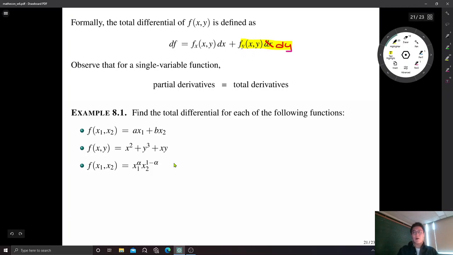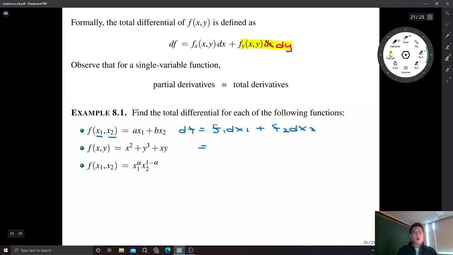For the first example, f is given by a function of x1 and x2, f = a x1 + b x2. How do we compute df? That is f sub 1 dx1, the partial variation due to change in x1, and f sub 2 dx2, the variation due to dx2.